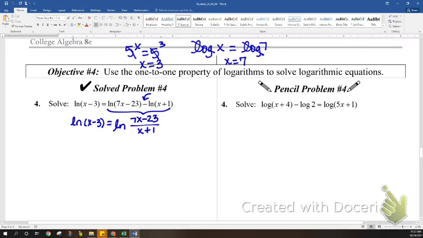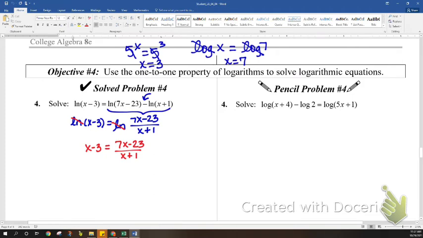Now we could still move the other logarithm over if you want, and then you got fractions within fractions, and you get to deal with all of that fun stuff. But the easiest way, as long as you just have a log equals a log, and they have the same base, is that one-to-one property that says then I can ignore the fact that they're logarithms, and I can set x minus 3 equal to 7x minus 23 over x plus 1. And it does get a little messy on this one. Boy, they picked a good one for us to have to deal with here at first.